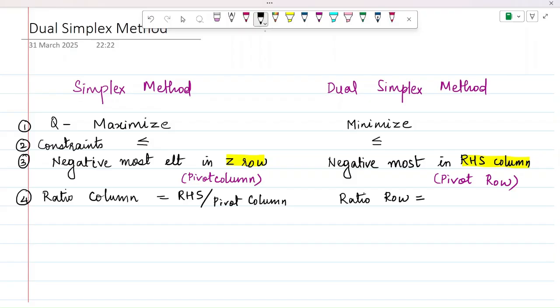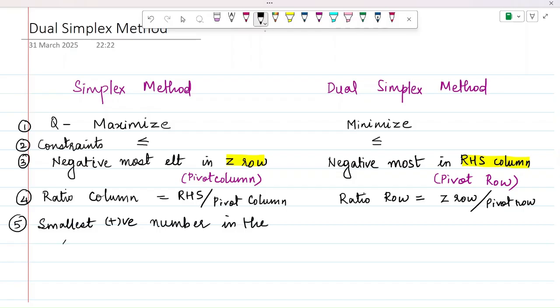And the ratio row would be equal to the Z row divided by the pivot row entries. Here to make the decision of the pivot row, you looked at the smallest positive number in the ratio column. Now this gave you the pivot row.